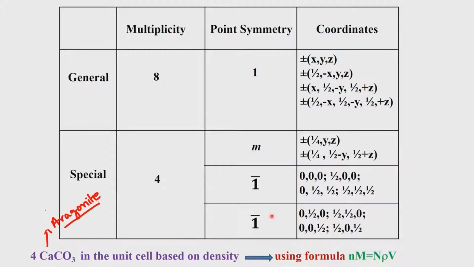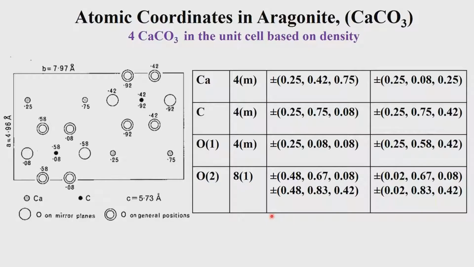So, now we have to see how the atoms are located. The moment we know how the atoms are located, we will know about the geometry of that particular molecule as well. So, all these issues will come up if we go to the next slide, and that particular slide will tell you how the atoms in calcium carbonate are actually located inside the unit cell, and we will discuss that in a little more detail.